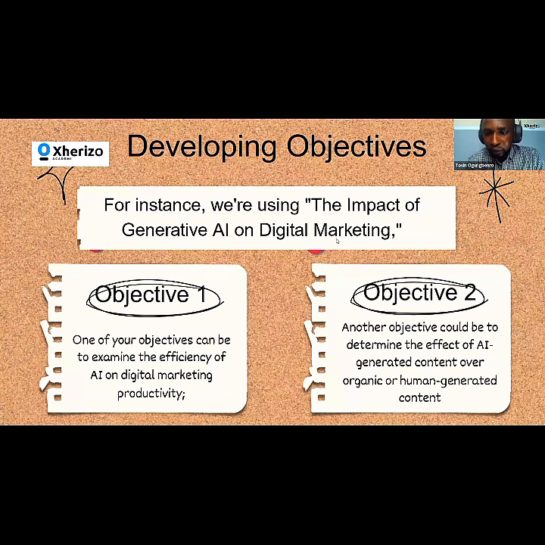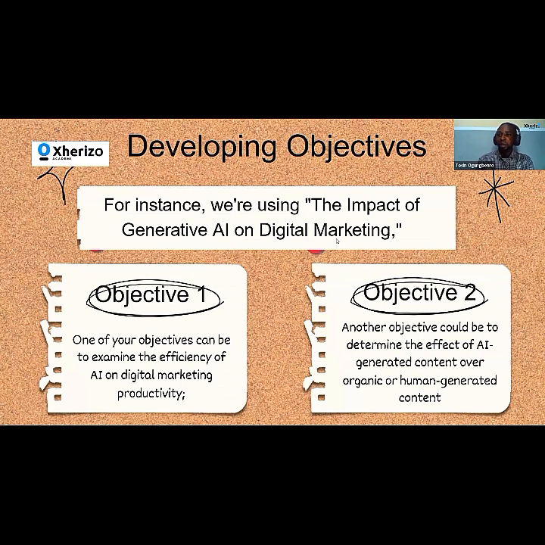All right. So in this case, because I've done my homework, I've determined my construct and variables before this class. So I've been able to form two objectives for my construct and variables. I said one of the objectives for this topic would be to examine the efficiency of AI on digital marketing productivity.